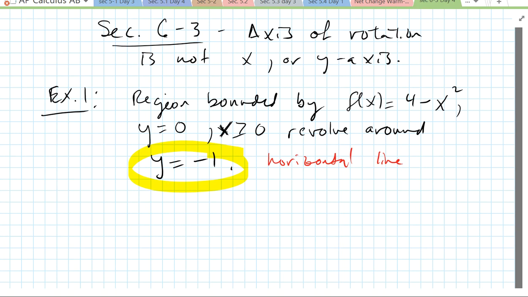If there's only an x, it only crosses the x-axis. Did anybody ever tell you that? Since it's y equal to -1, it's a horizontal line. So what's that parallel to, x or y-axis? It's parallel to the x-axis, and if everything's revolving around it, are all my cross-sections perpendicular to the x-axis? So what's it going to be in terms of?